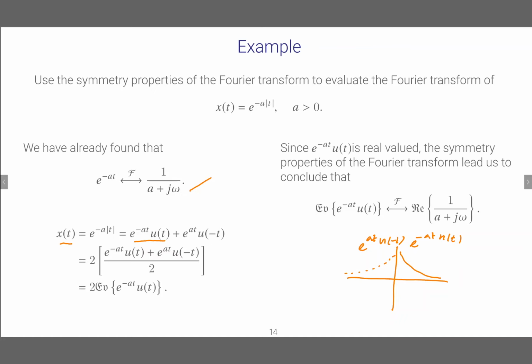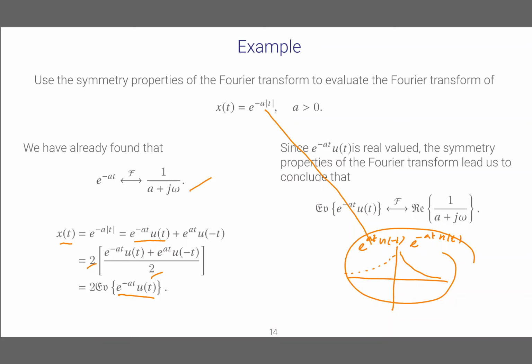When you add those two signals, you get this. Now if we multiply by 2 and divide by 2, we realize that this is actually twice the even part of e to the power of minus at u(t).